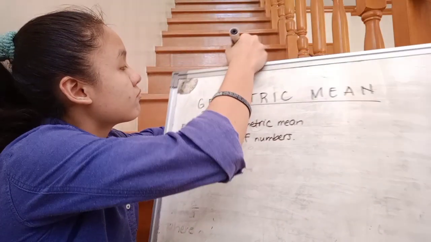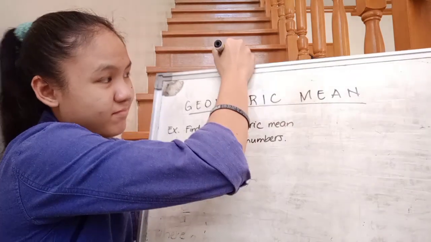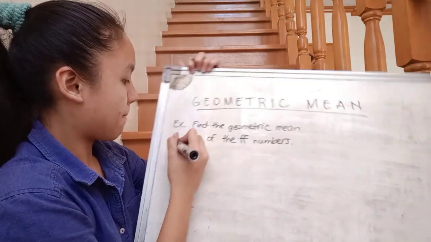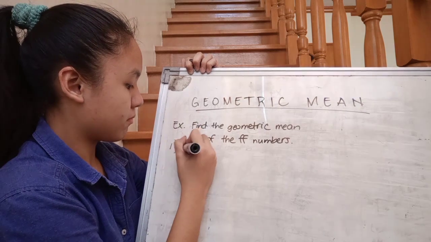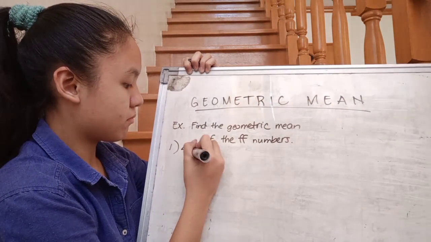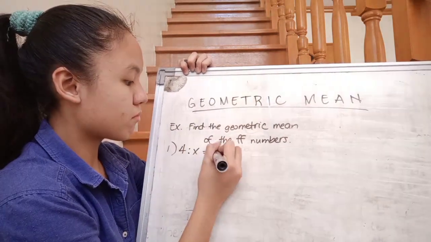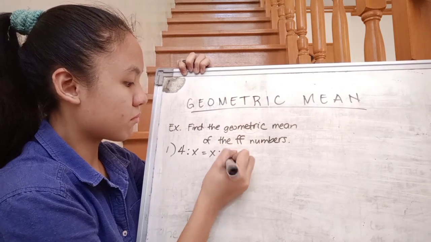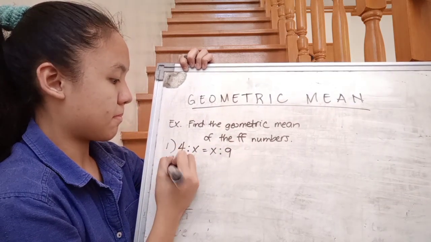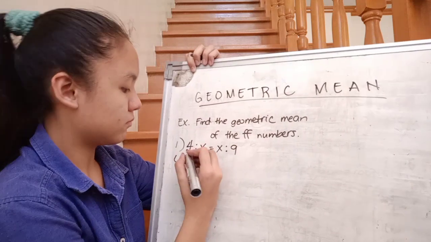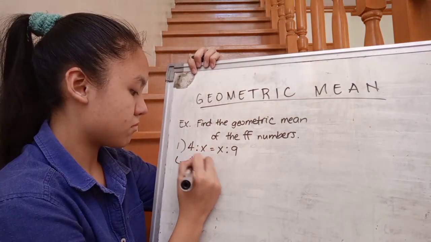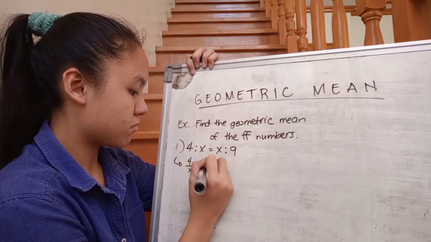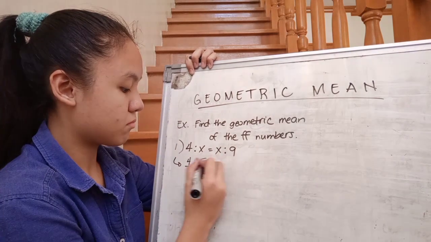In example, so we got examples. Find the geometric mean of the following numbers. First example, 4 is to x is equal to x is to 9. So, converting it into fraction, 4 over x is equal to x over 9.